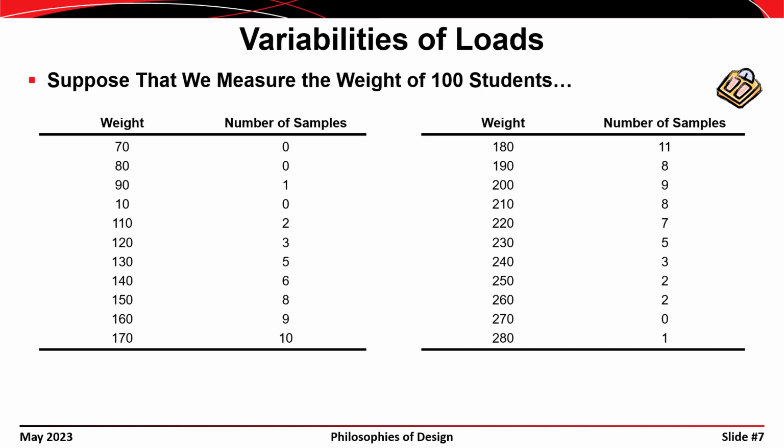We say that there's one person that has a weight between 86 and 95 pounds. There are 2 people that weigh between 105 and 115 pounds, et cetera. On average, the students weigh 180 pounds, and the standard deviation would be 38 pounds.